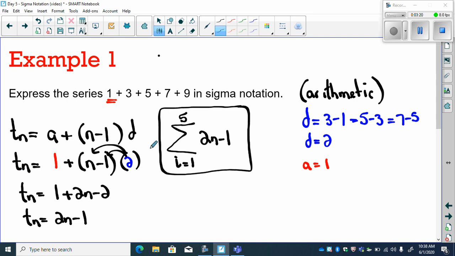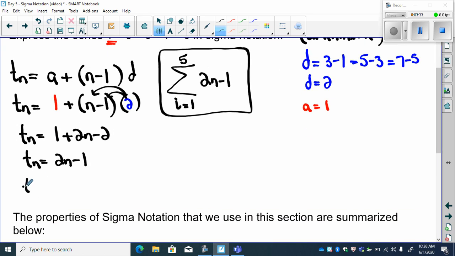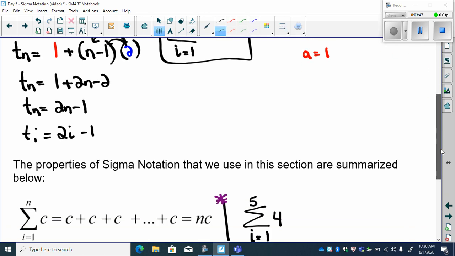When I fill it into the arithmetic formula, a plus n minus 1 times d, I fill a 1 in for a and a 2 in for d, and I get my general term to look like this. When I simplify, I'm left with 2 times i minus 1. So let me just replace this n with an i. And this is all review from pre-calculus 12b.